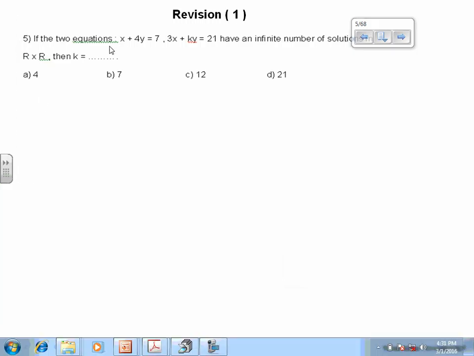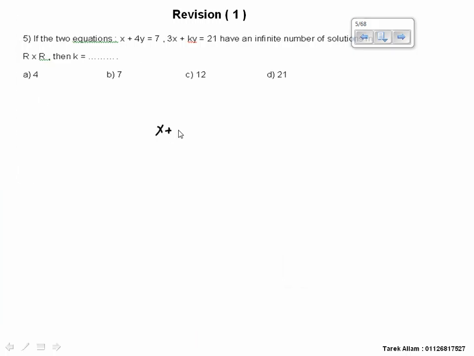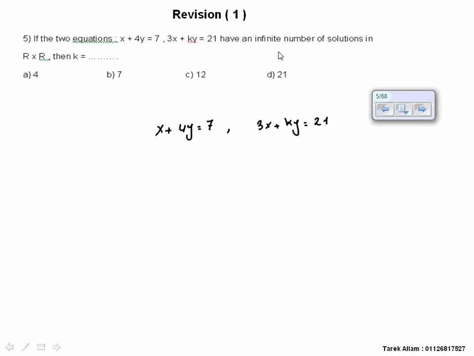Question number 5. If the two equations x plus 4y equals 7 and 3x plus ky equal 21 have an infinite number of solutions in R times R, then k equal. So the two equations have an infinite number of solutions, and when the two equations have infinite number of solutions, then they are coincident. They have the same equation.